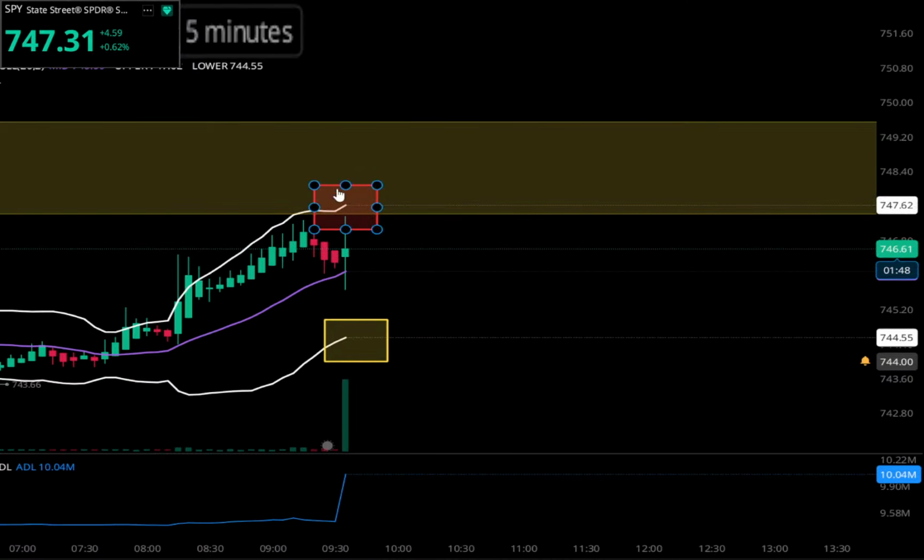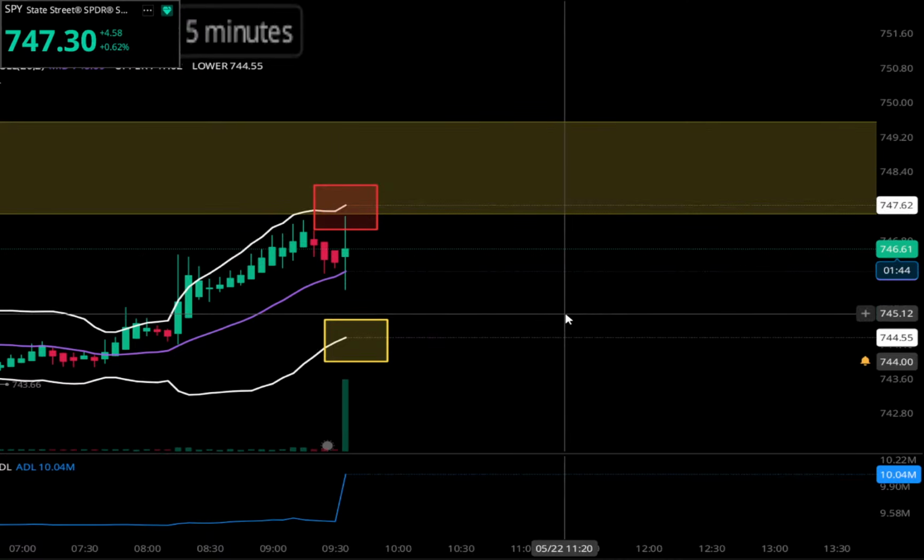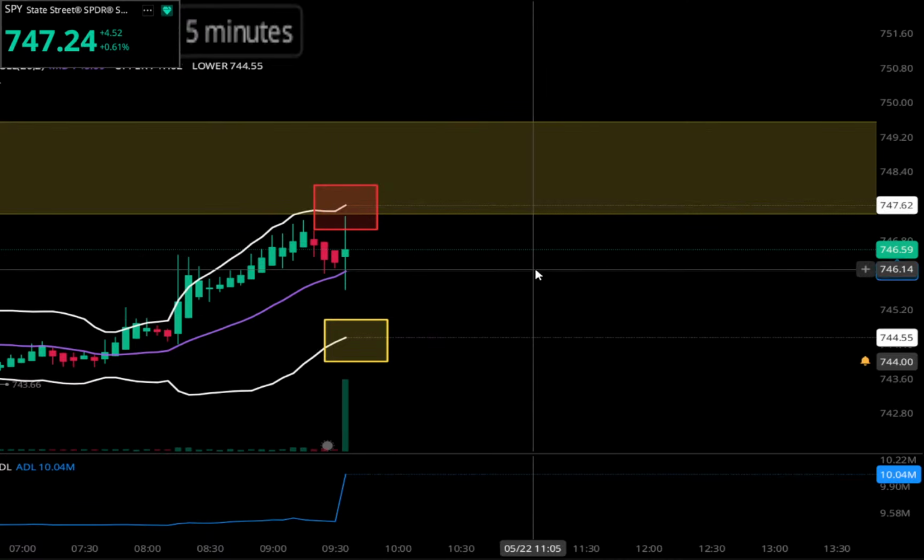I want to catch this put entry right when we start pushing above this upper Bollinger. If we don't push above the upper Bollinger, then we don't enter. We're going to be very, very specific on our entries.